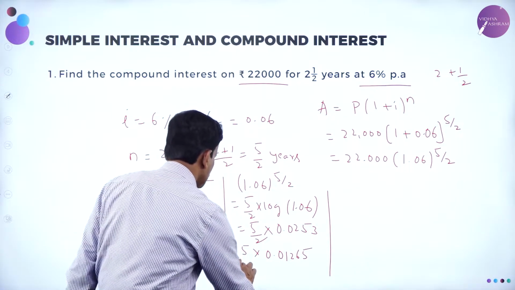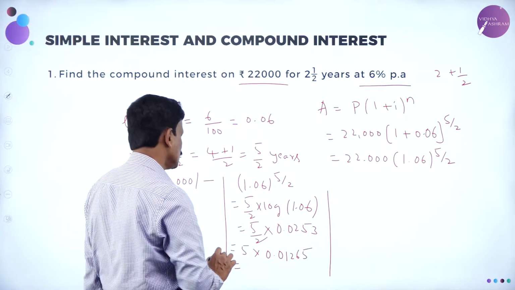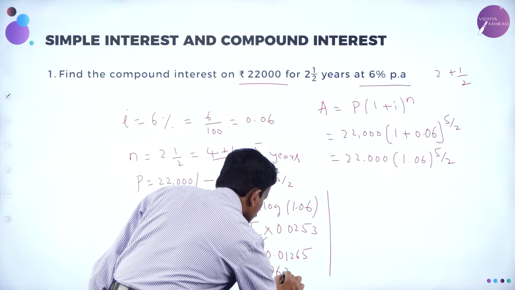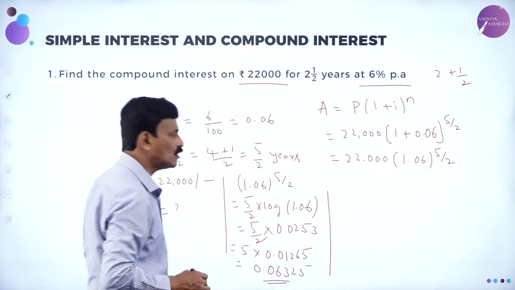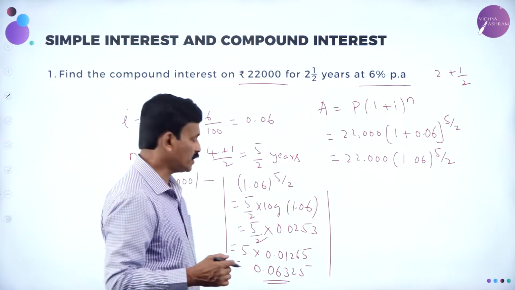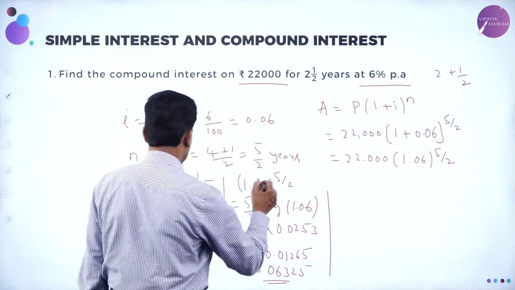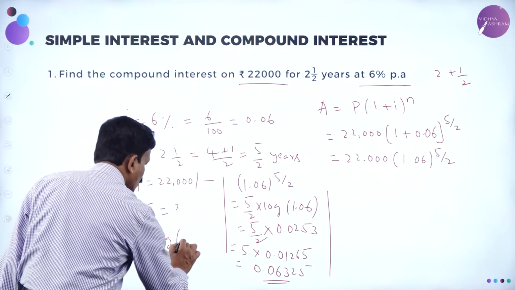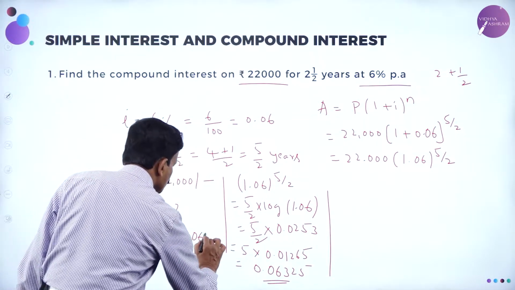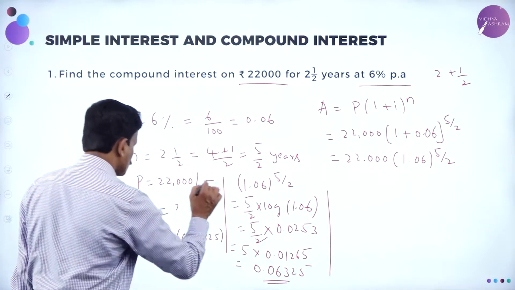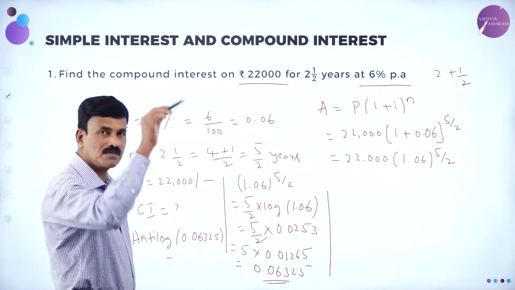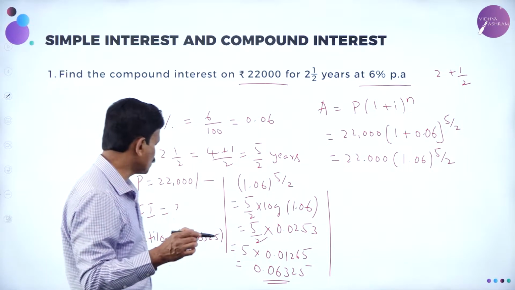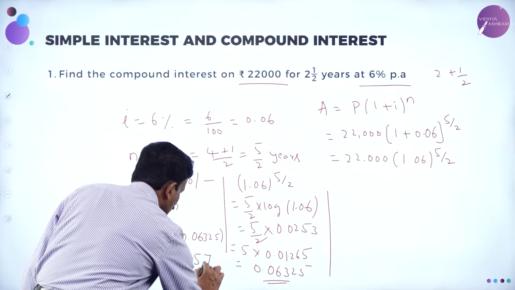So if you multiply this with 5, what is the answer you are going to get? Just multiply with this 5, then you are going to get 0.06325. That's it. Now let us take the antilog for this. Now if you take the antilogarithm of 0.06325, find out the antilog at 0.06, sixth column and mean difference 2, and the answer you are going to get is 1157.